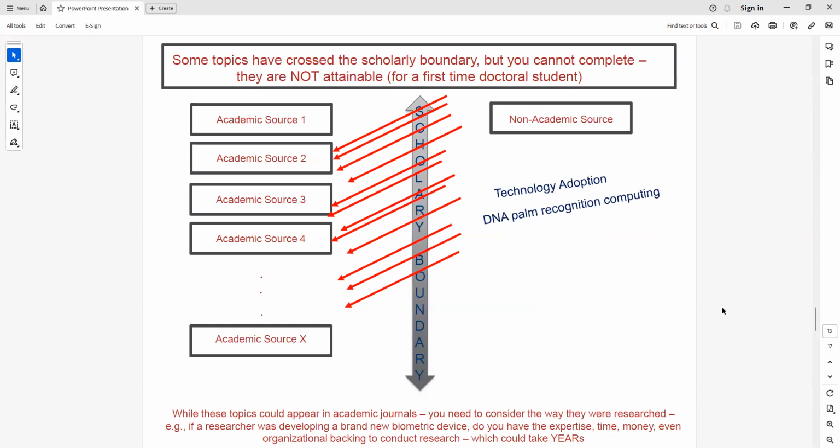Really? What about technology adoption? Remember, we just talked about that technology adoption is a moment in time. So why can't I just talk about DNA palm recognition? And I am not going to really get into the nitty gritty of the technology. I just want to see about businesses and their willingness to adopt DNA palm recognition.